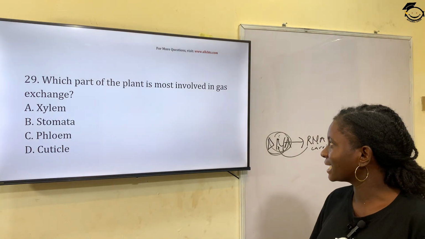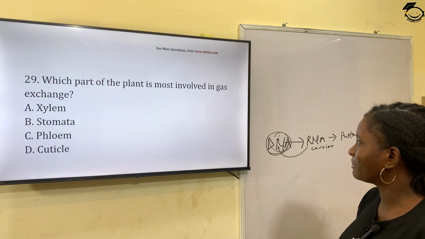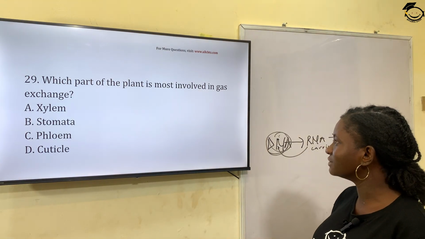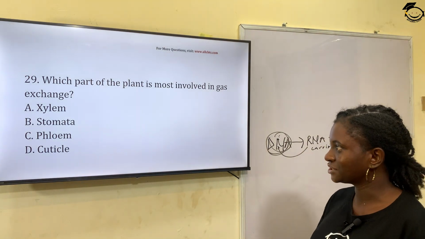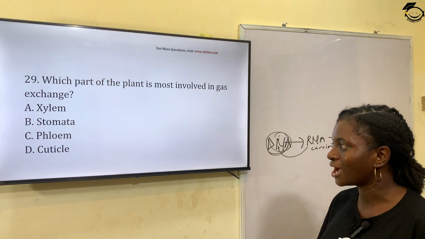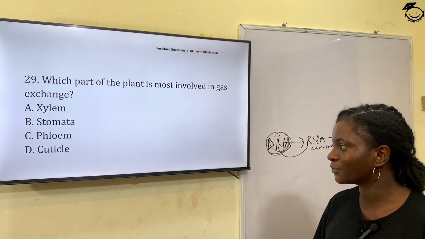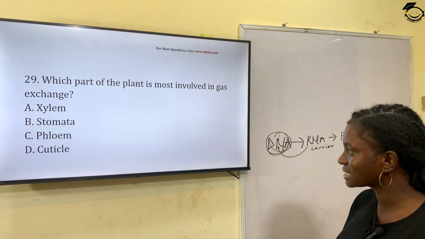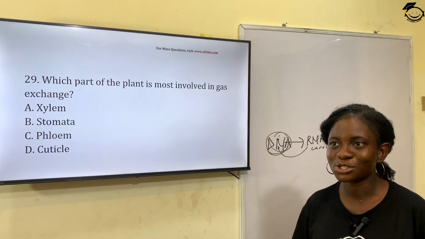Question 29. Which part of the plant is most involved in gas exchange? Option A, xylem. Option B, stomata. Option C, phloem. Option D, cuticle. The correct answer is stomata.